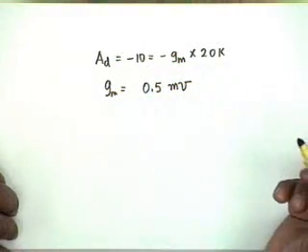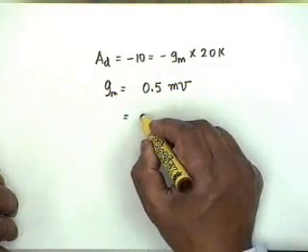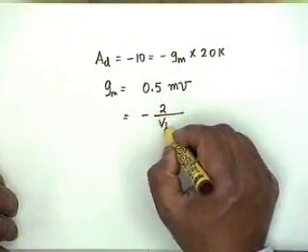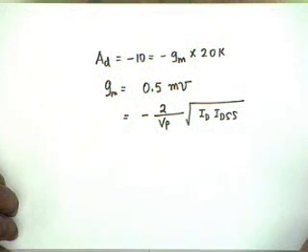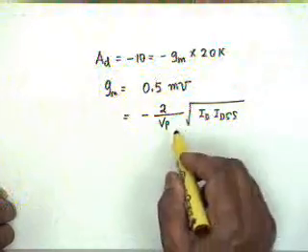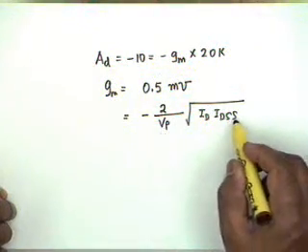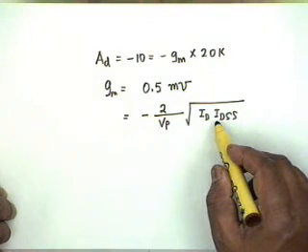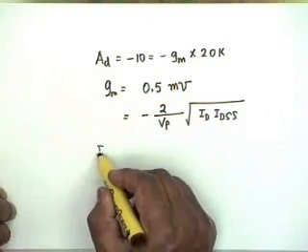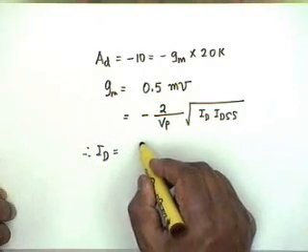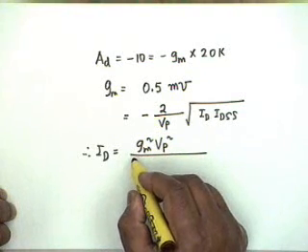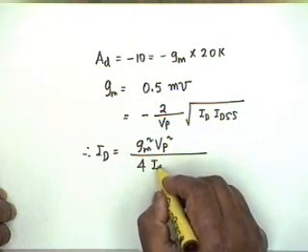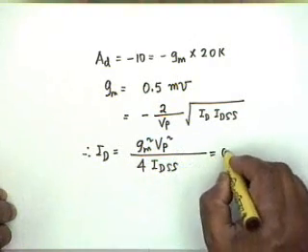GM is also equal to minus 2 divided by VP times the square root of ID IDSS, and we know VP and IDSS, therefore I can calculate ID, the drain current. ID is equal to GM squared VP squared divided by 4 IDSS, and this calculates out to 0.56 milliampere.